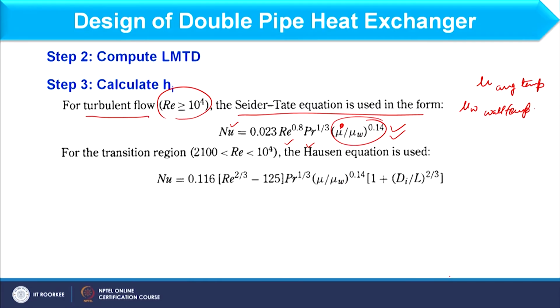If I am having the transition region, where Reynolds number is 2100 to 10^4, there we can use this Hausen equation.